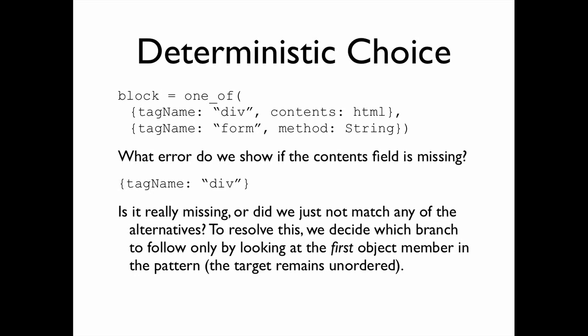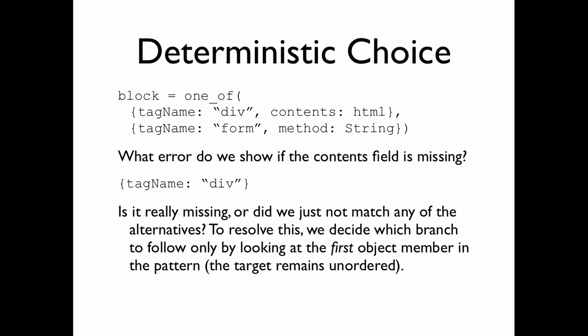Okay, so there are some problems that come up with reporting error messages when you have non-determinism, these alternate cases. So the amount of non-determinism is restricted. What if you had a block where it said one of the above, as you can see, and we were missing the contents field?